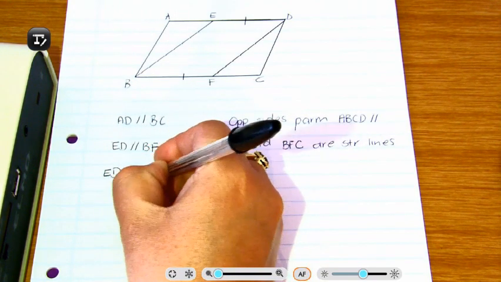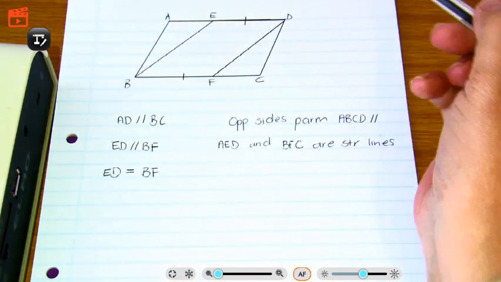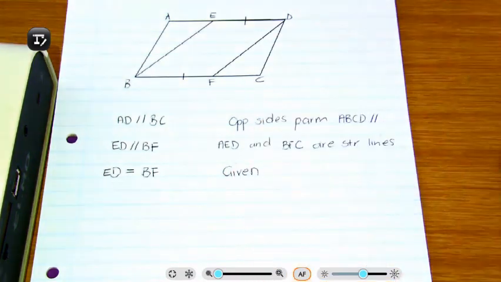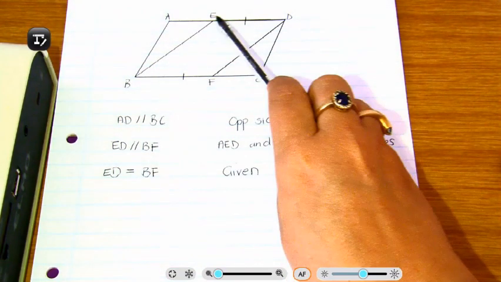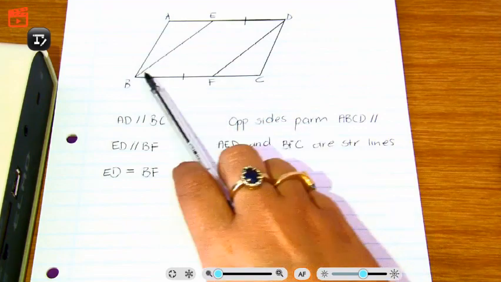They've told us that they're equal in length. That's why we have these little indicators here. So that is given. So we have the two pieces of information that we need. Firstly being that these two lines are parallel to each other, and secondly that they are equal in length.